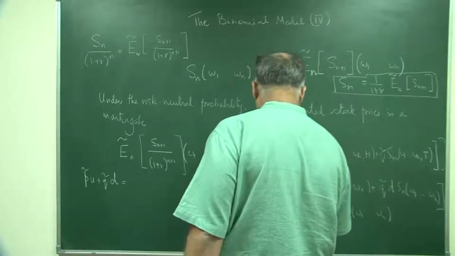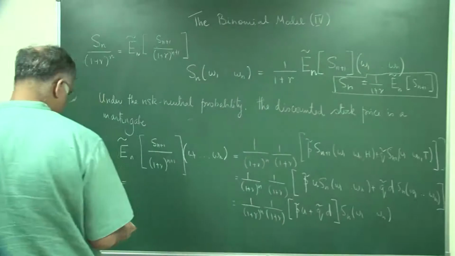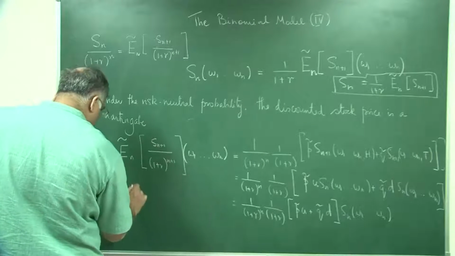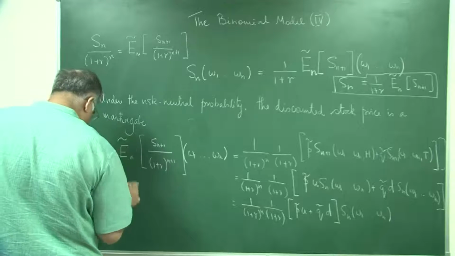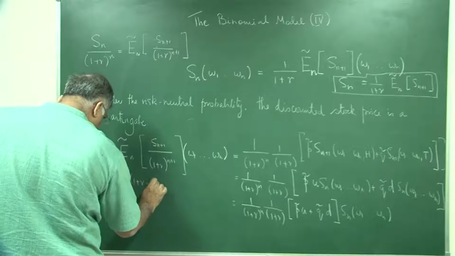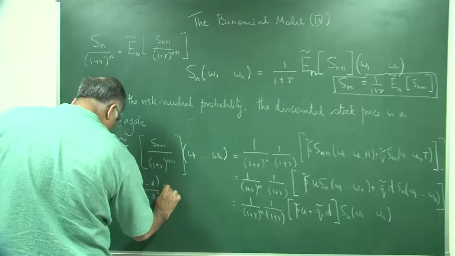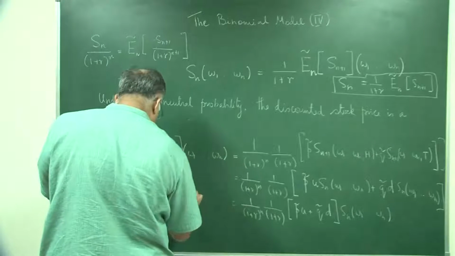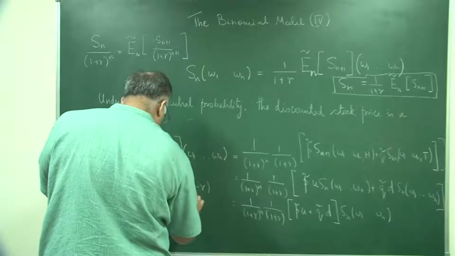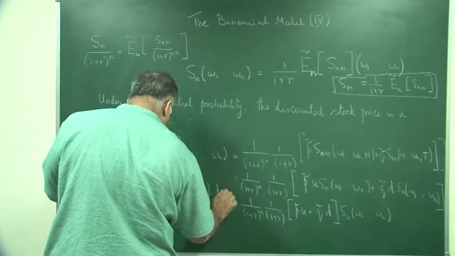If you just put the value of p tilde and q tilde, what would happen is that this will become p tilde was, let me see if I remember, (1 plus r minus d) by (u minus d), into u, plus (u minus 1 minus r) into (u minus d), into d.